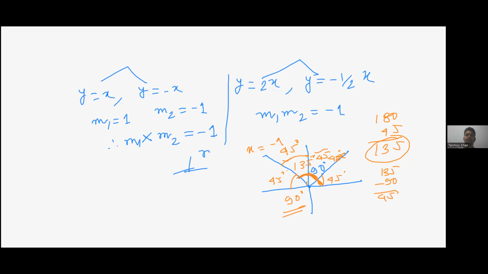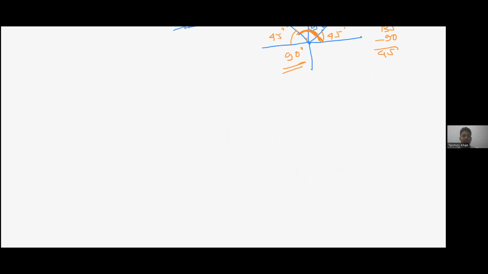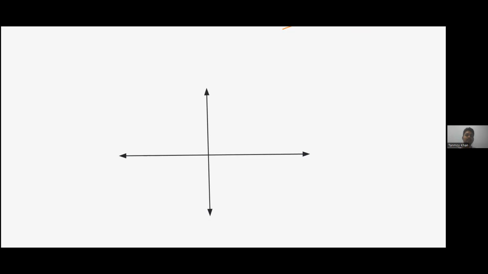And you can similarly draw this also. So if we draw three lines in the same coordinate system, all right? So this is your coordinate system.